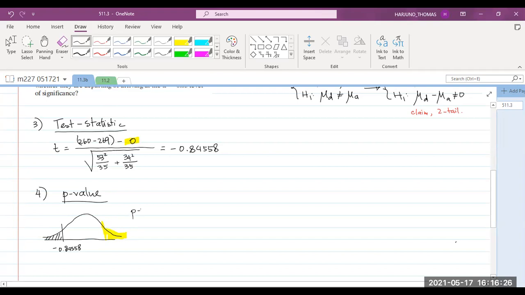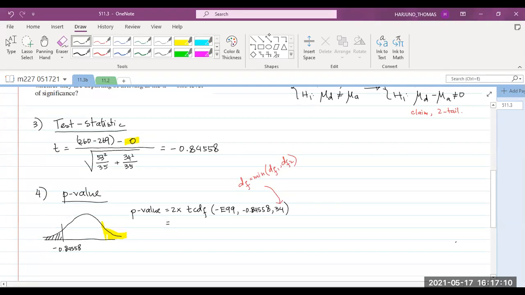So the p-value is 2 times TCDF, negative E99 to negative 0.84558, degree of freedom 34. Remember, the degree of freedom we use is the smaller of the two degrees of freedom. They happen to have the same sample size, so the degree of freedom will be 34 for each. Then we will use degree of freedom 34.